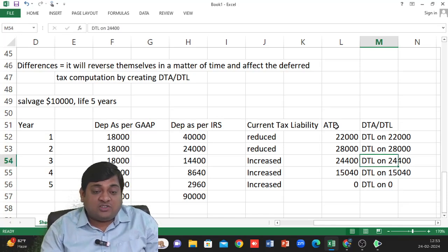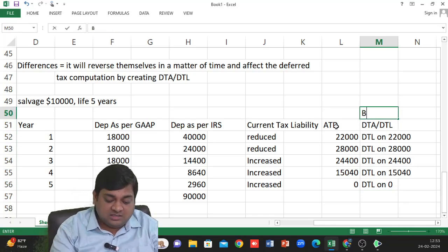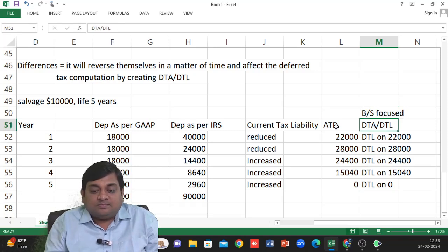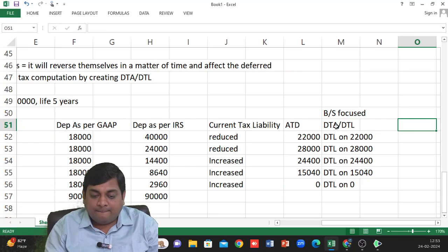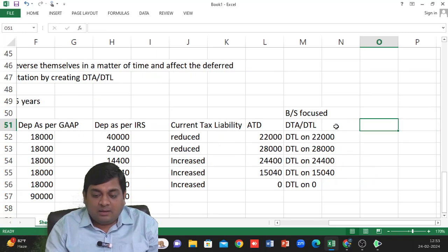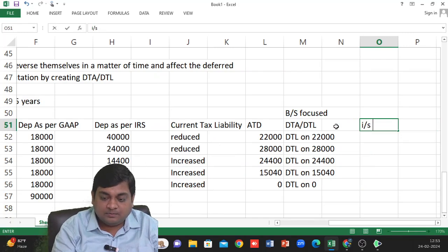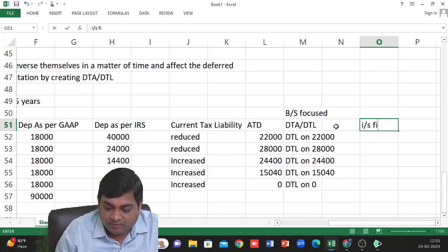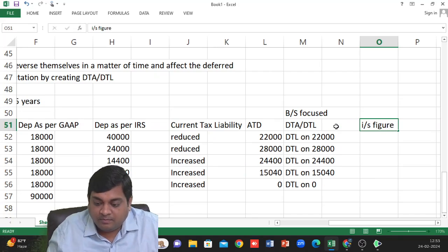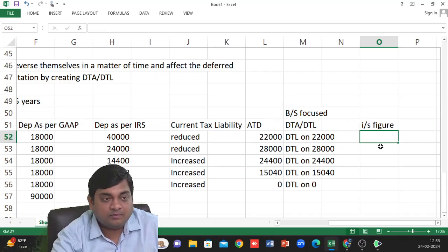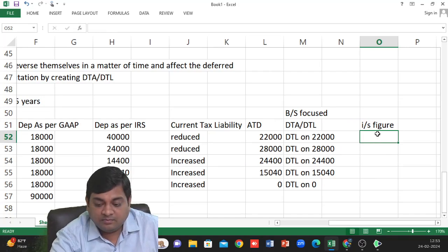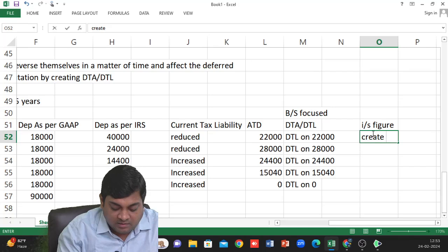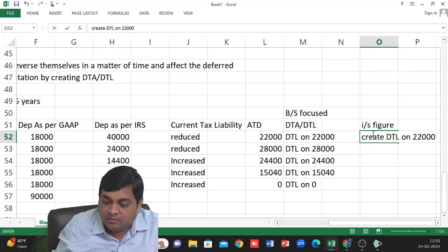Now one thing is very sure, this is balance sheet focused. It means if I tell you an income statement figure, create deferred tax liability on 22,000.